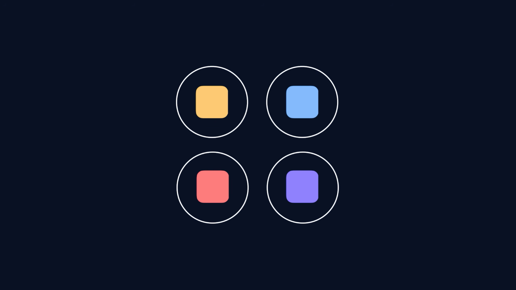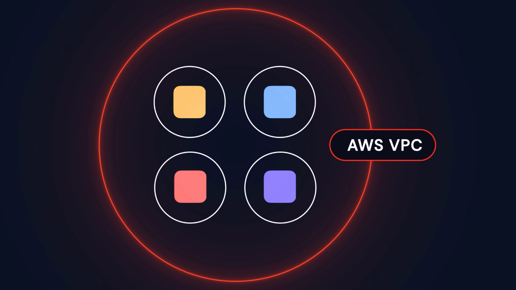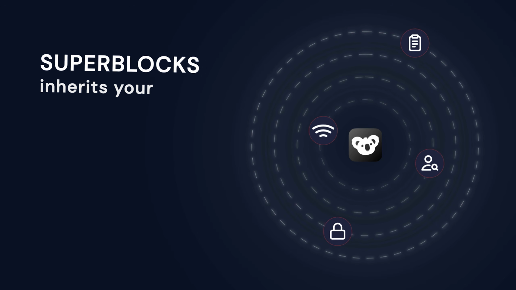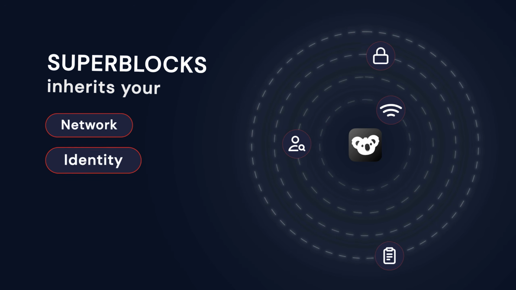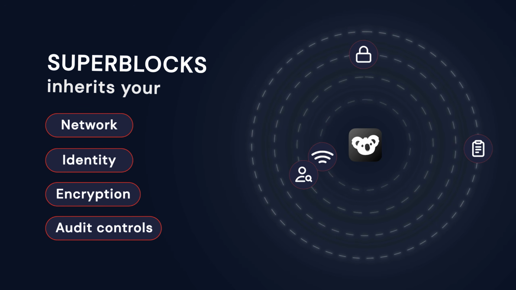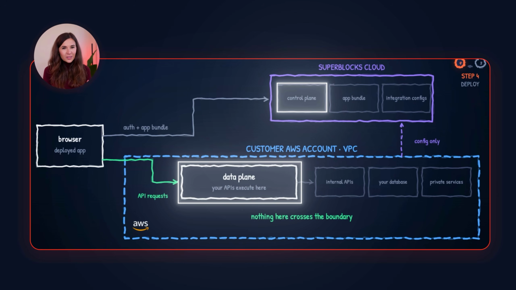Each app gets its own isolated database inside your AWS VPC, with dev to prod migrations handled for you. The app inherits your network, identity, encryption, and audit controls, and your users come in through the SSO you already use. That means the application can execute closer to private APIs, internal databases, and other systems that don't need to be exposed to the public internet.